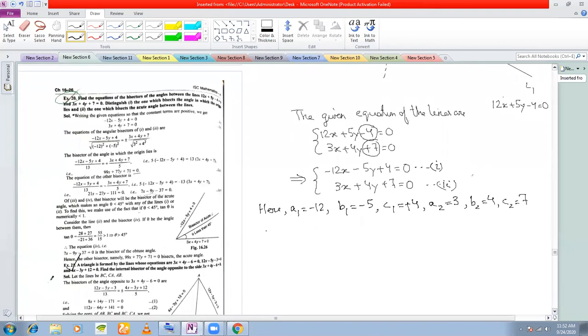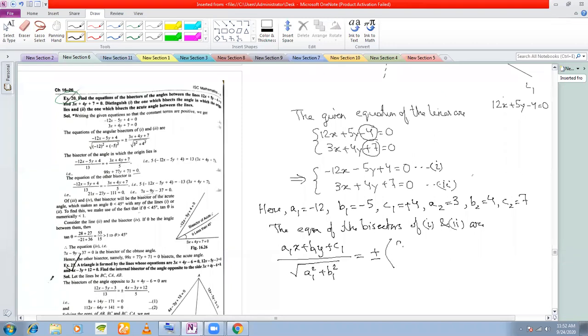So therefore, the equation of the bisectors of 1 and 2 are A1x plus B1y plus C1 by root over A1 square plus B1 square is equal to plus or minus A2x plus B2y plus C2 by root over A2 square plus B2 square.